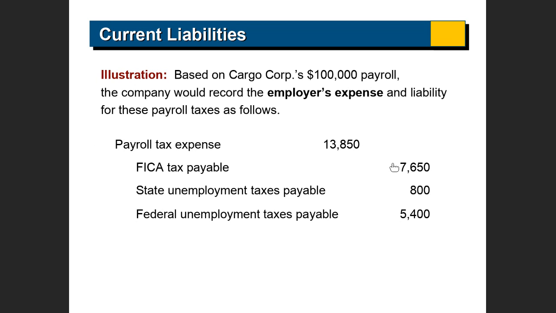See the 7.65% for the FICA tax, 0.8% for the state unemployment tax, and 5.4% for the federal unemployment tax. Federal unemployment tax is fixed because it's federal, everybody will pay that. State unemployment tax can vary from state to state, okay?